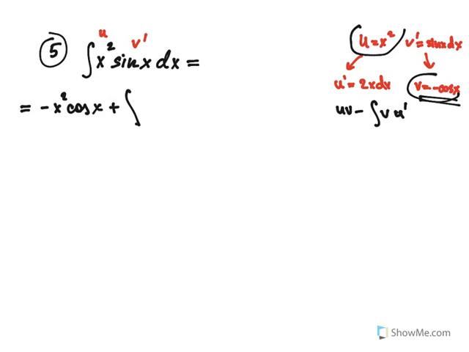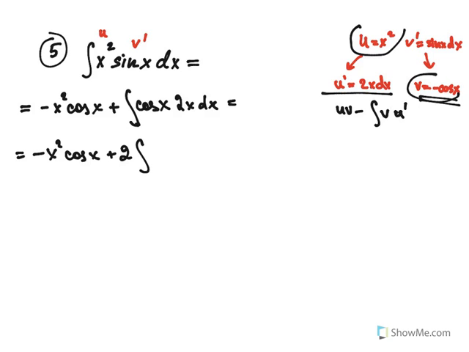V is negative cosine, so automatically I'm going to change that to plus cosine x, and u prime is this, so I'm going to put 2x dx. So we get negative x squared cosine x plus, pull out the 2, and you just get x cosine x dx, or cosine x times x dx.